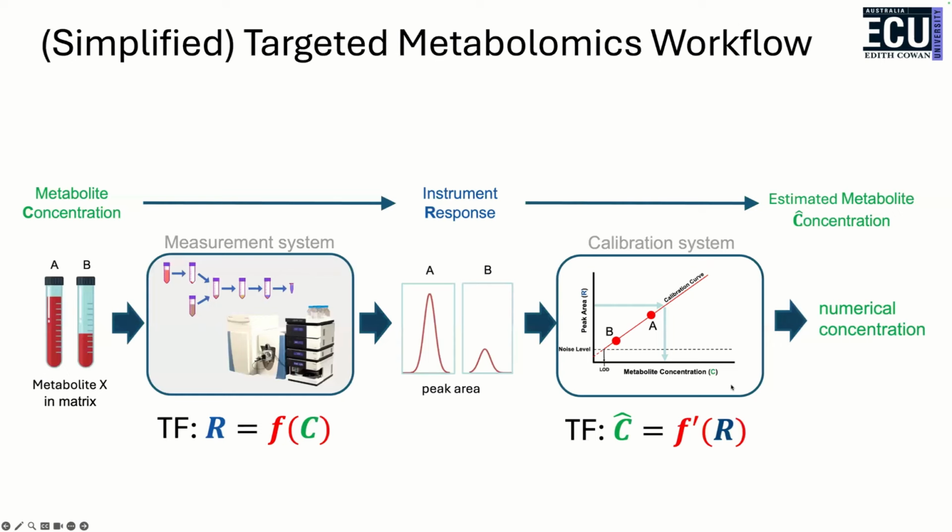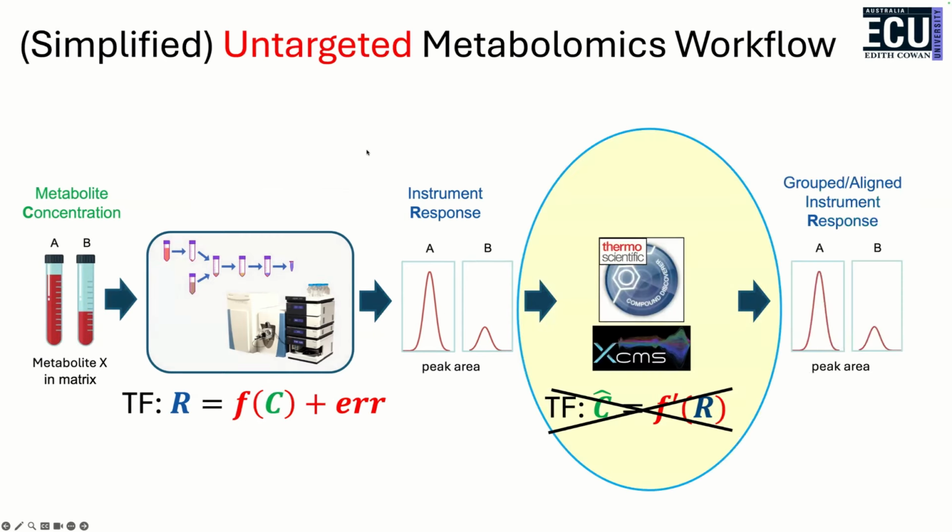Then there's a calibration system, in that you would inject calibration samples, standards, from which you can calculate a calibration curve. The output is then an estimated concentration based on that calibration curve. So the estimate is an estimate of the concentration in the actual sample. Now, in untargeted metabolomics, we miss out the calibration step.